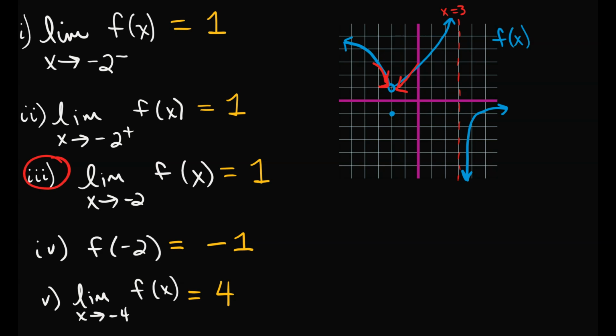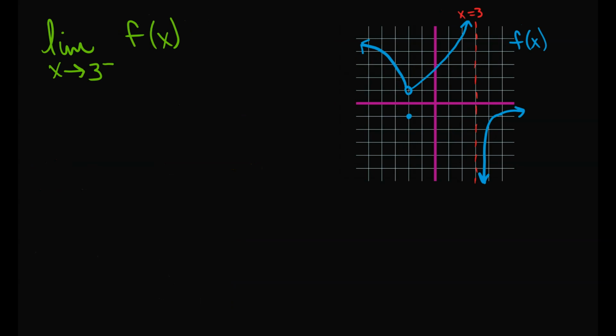And the other thing you were asked to find is the limit as x approaches -4. So we're used to seeing something weird going on with the graph when we find the limit. That's not the case here. There's nothing weird going on as x approaches -4 from the right or from the left. The function is approaching +4 from both sides.